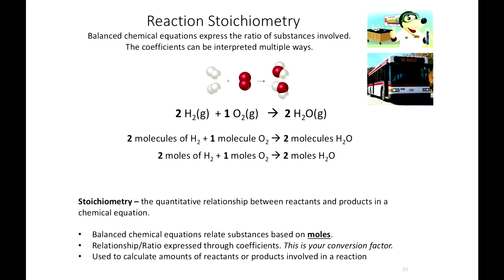So the big idea, we did balanced chemical reactions earlier in the chapter. And the significance of those coefficients that we so carefully deduced is that those coefficients tell us how reactants combine and how much of each product is produced.